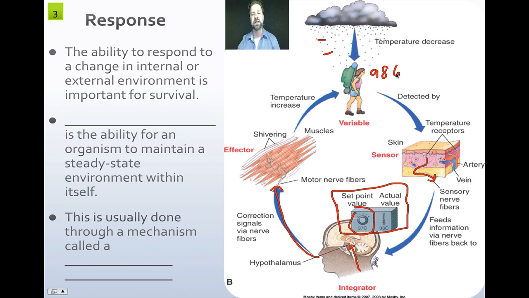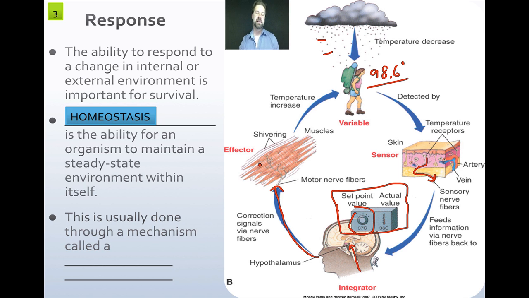And if she cannot maintain that, and her body is working too hard, and it dips underneath that 98.6, she may go hypothermic, which would be a worst case scenario for her. And we have a name for that. We have a name for your body, or an animal's body, trying to maintain a steady state on the inside, and that's called homeostasis. We're going to look a lot into this concept this year.